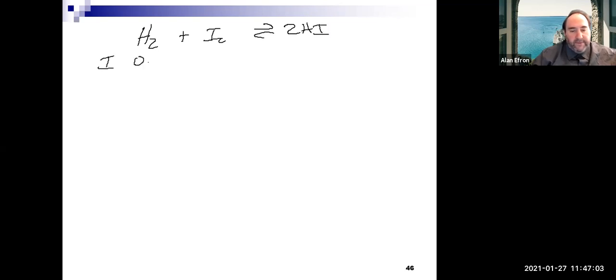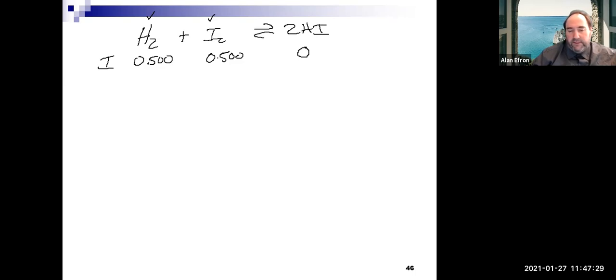Initially, we would have 0.5 molar for our H2, 0.5 molar for our I2. And as we talked about last time, if they just give you the starting amounts of reactants and nothing is said about the products, you could probably safely assume that you're starting with 0 initially for your product side. Any questions on that so far?